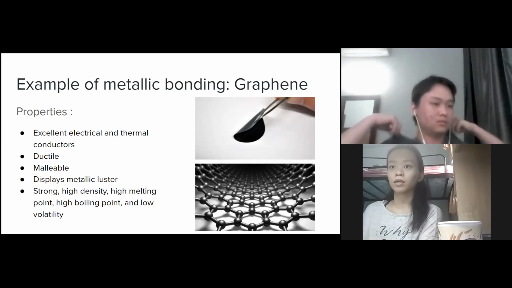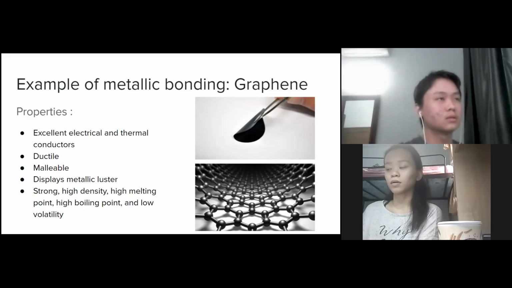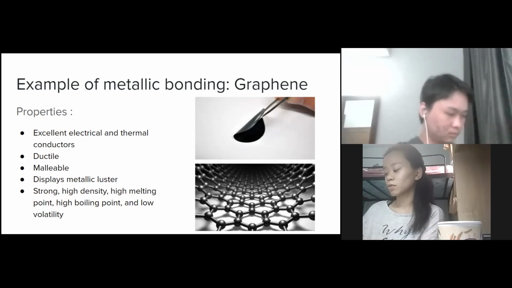In which shell? In which subshell? In the p orbital.